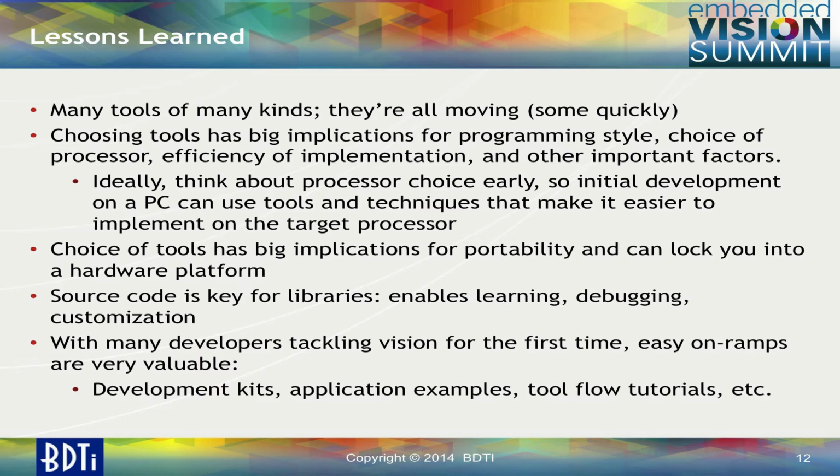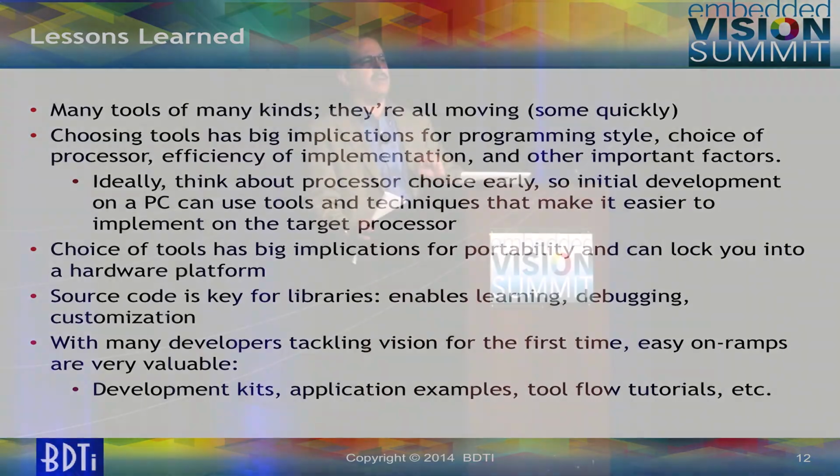For libraries, source code is really valuable. OpenCV and other open source libraries include source code. Some commercial libraries do, others don't. And with more and more developers tackling vision projects for the first time, resources that enable people to get started quickly and efficiently get up to speed are really valuable. And those include things like full working application examples.